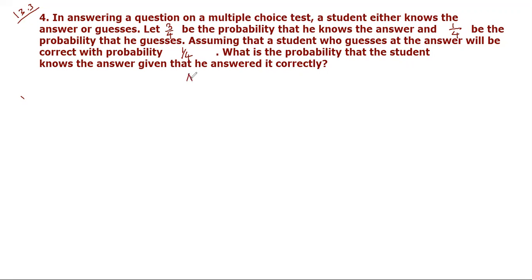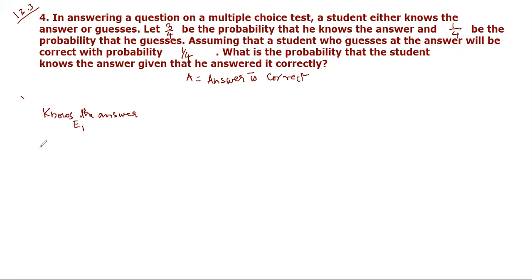The student knows the answer. So let A be the event that the answer is correct. He answered correctly. That we can write later on. So there are two possibilities. He knows the answer, suppose this is E1.